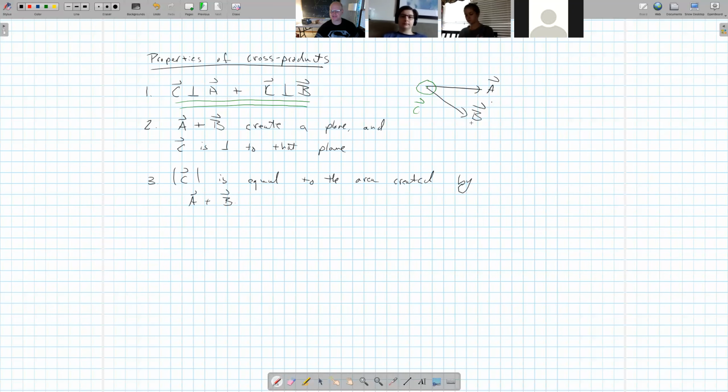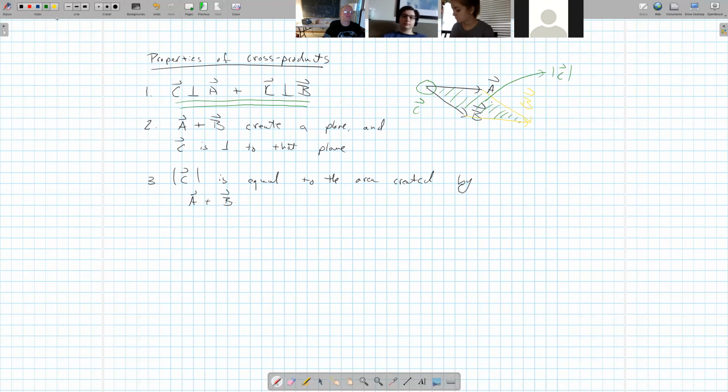If A points this way and B points this way, and I extend A here and extend B here, then the magnitude of C is equal to the area created in this wedge here. So this is the magnitude of C. The magnitude of C is equal to that area.